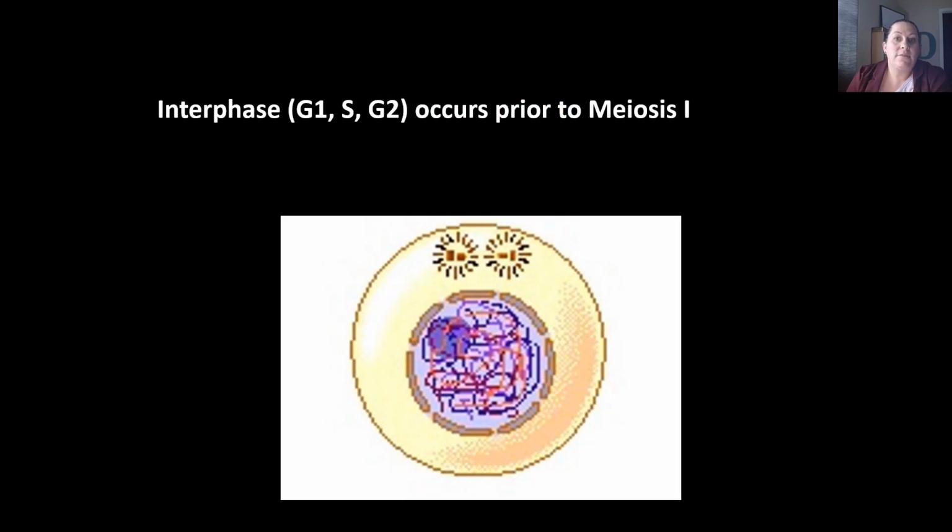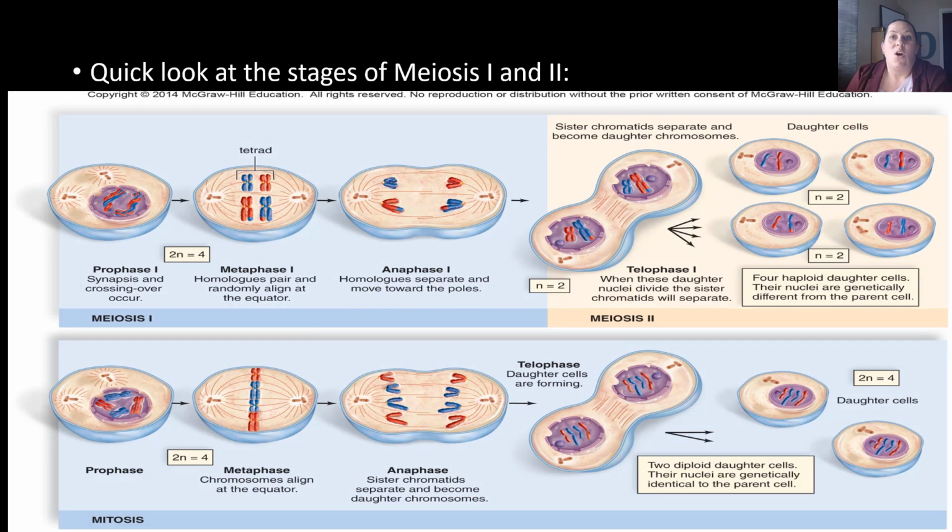So let's look at interphase first. Now, interphase is going to be very similar to the interphase that we saw in mitosis. There is a G1, there is an S, and there's a G2. And this interphase occurs prior to the cell dividing its first time in meiosis I. Okay, so interphase is very similar, but we do see that there are going to be some differences as we actually get into the divisions that happen in meiosis I and meiosis II.